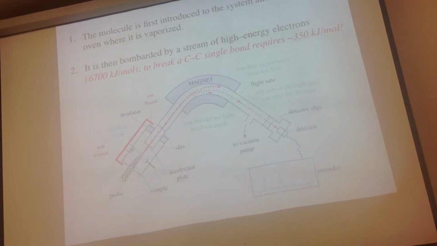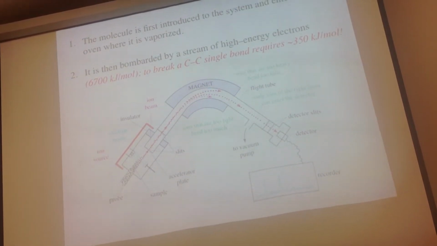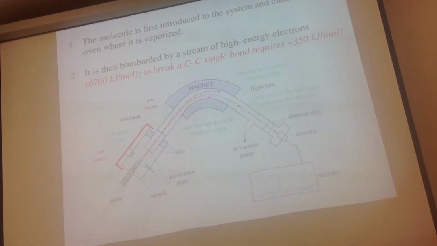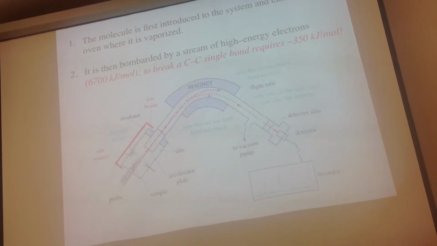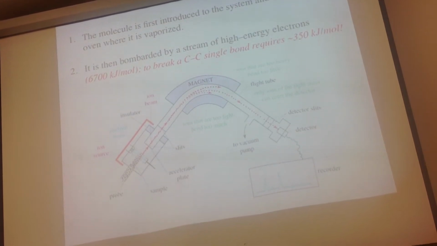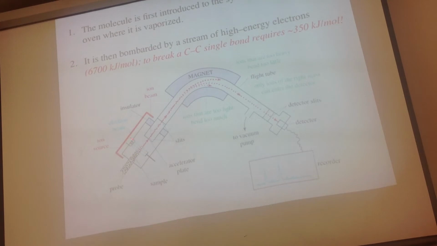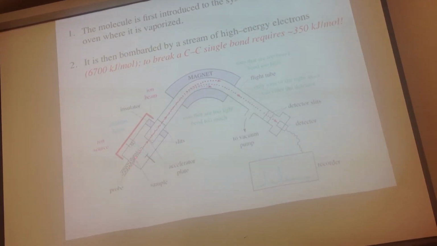So this is more than enough to start to break things in the molecule, start to rip electrons out, things like that. That is occurring in the instrument where the blue stuff is. Right here it says electron beam, and that's this blue back and forth thing. So the molecules enter this beam, and they get hit by these really high energy electrons.